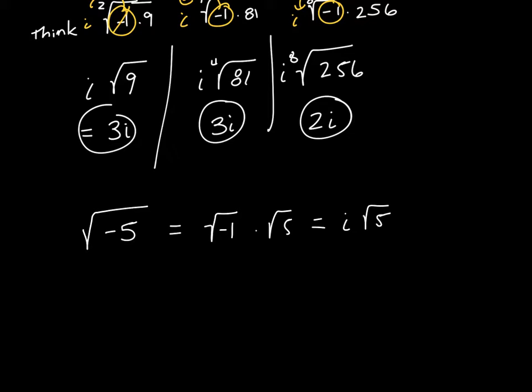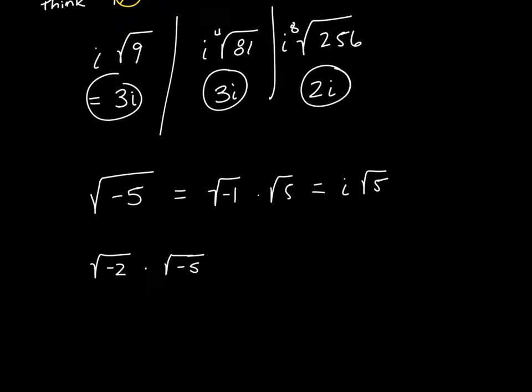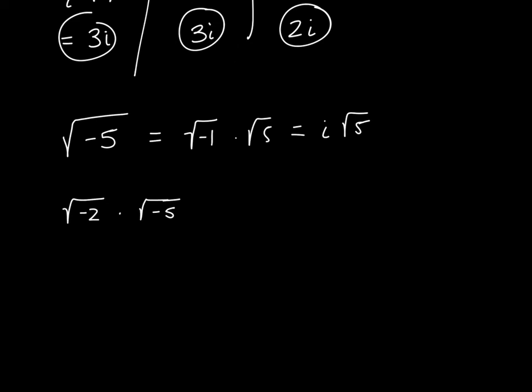Now, where we run into problems is if we have operations put inside there. So if I have something that looks like the square root of -2 times the square root of -5, we must follow the order of operations. So the first step always is take out i. And when I do that, what does that leave me with for the 2?